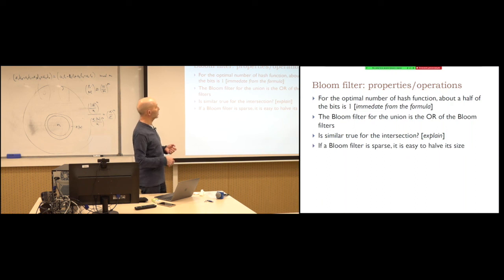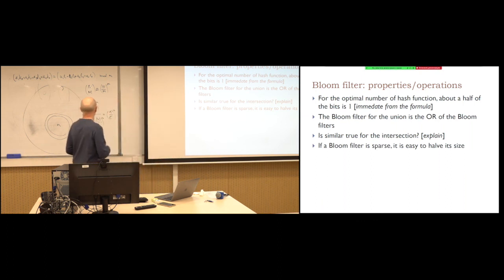This is usually a question that I ask my students, but since we don't have time, I will tell the answer. For the intersection, it doesn't work by ANDing the Bloom filters, because after ANDing we may have a one in our Bloom filter which should not be there.